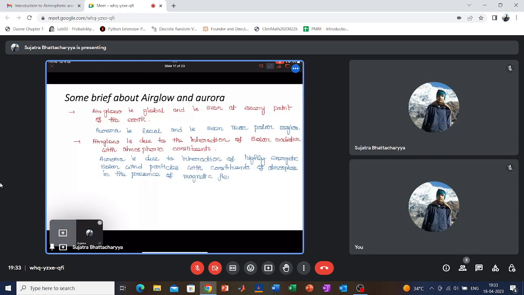The third thing is air glow intensities are very low, of the order of 100 Rayleigh.